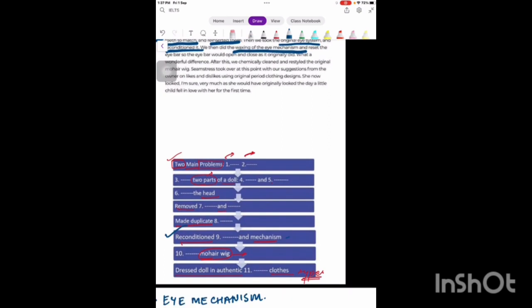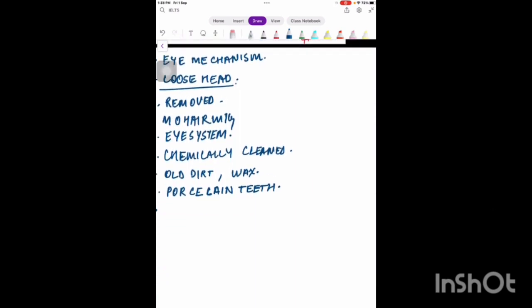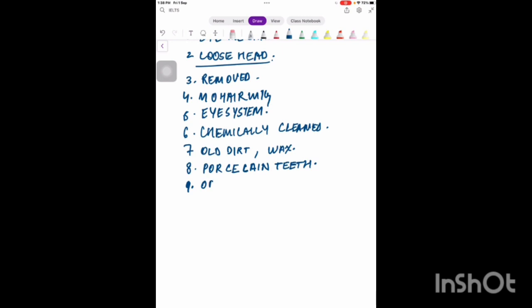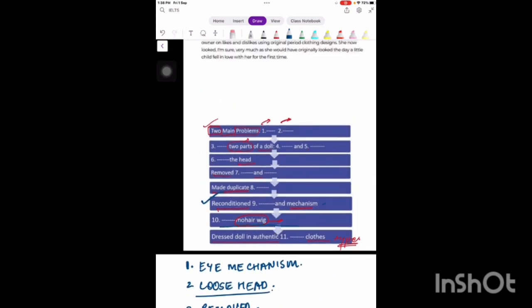So we did dash mechanism. Reconditioned original eye system. So he reconditioned what? Original eye system.